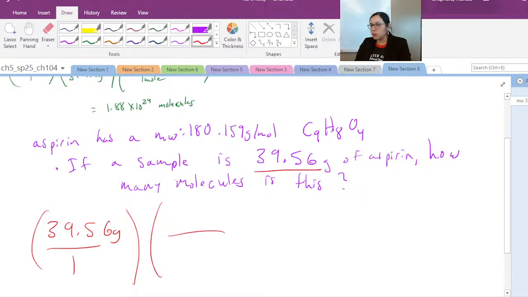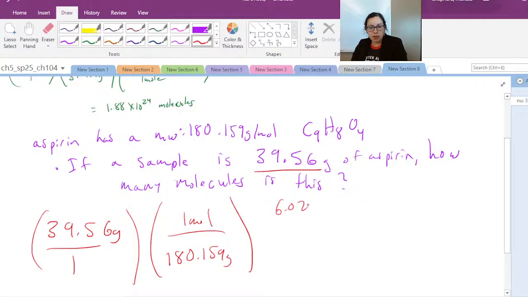You don't otherwise, right? You can add up 12 times 9 plus 8 plus 16 times 4, and so on. So excellent, so we find our moles. And then where do we go from here? Sounds good. So moles, and now Avogadro's number.